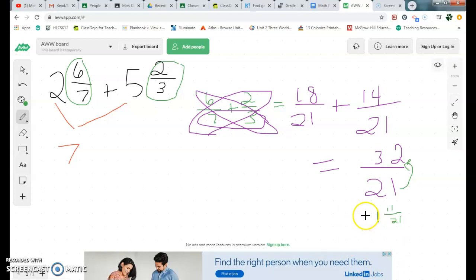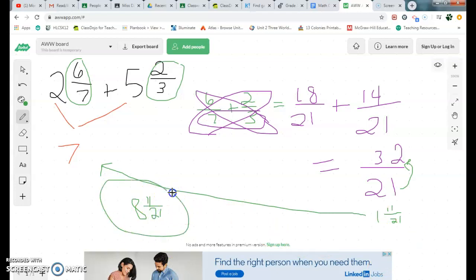So if I add 1 and 11 21sts back to my big sibling of 7, I now have 7 plus that whole number 1, which is going to give me 8. And that fraction that's left over is 11 21sts. I lied. I told you guys I was going to help you with this problem, not do it, but I ended up doing it all for you.